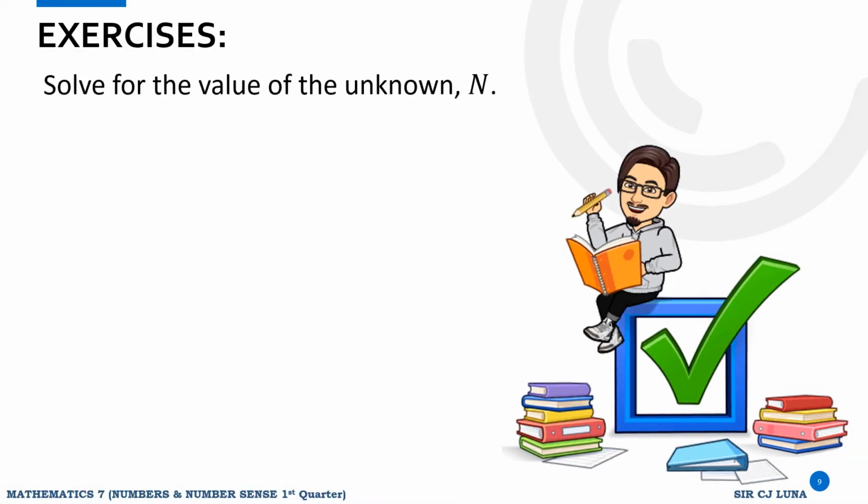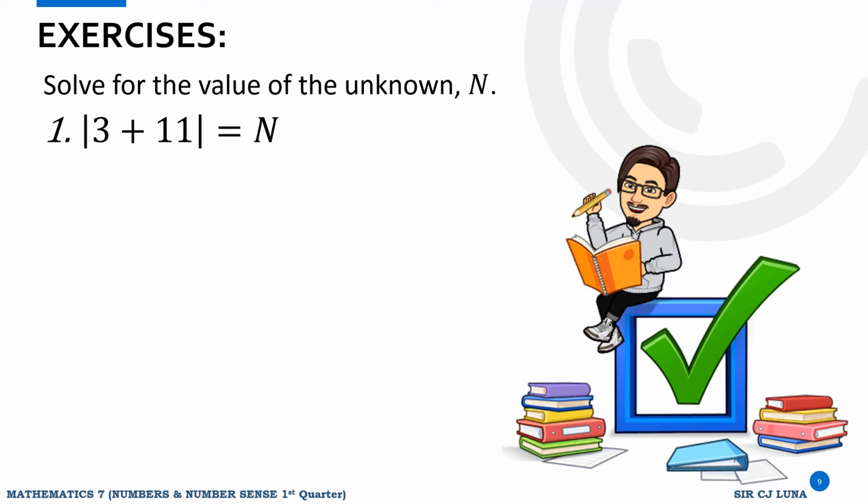Let us have another exercise. Solve for the value of the unknown. Our unknown is represented by capital N. So number 1, we have the absolute value of 3 plus 11 is equal to N. Dito, para makita mo yung value ng N, kailangan mo munang i-perform yung operation sa loob ng ating absolute value.